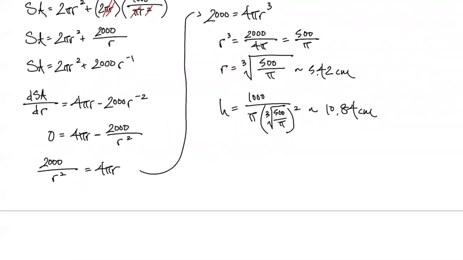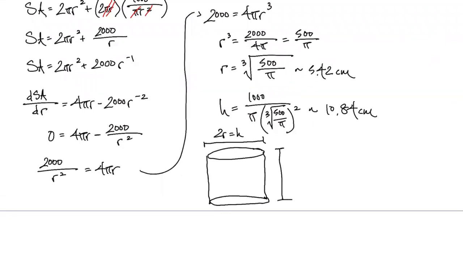In fact, you end up with a can where twice the radius is actually the height. So it turns out that is the shape, or the dimensions, that make the can have the least amount of material but hold the most amount of stuff.